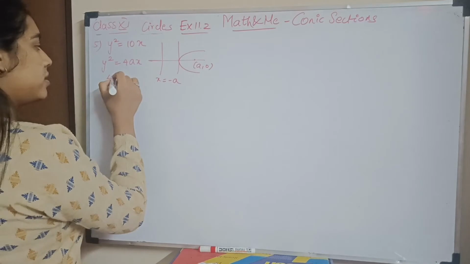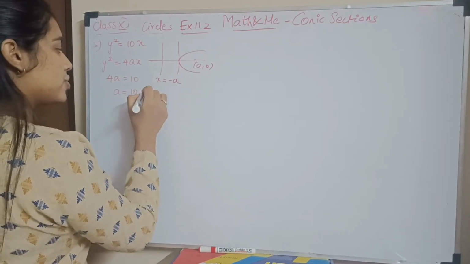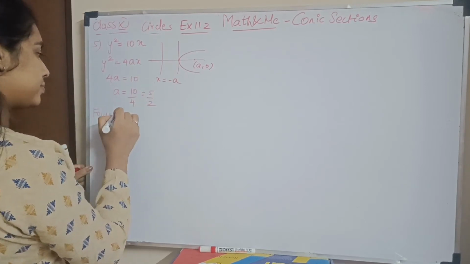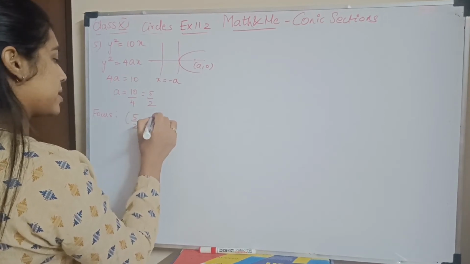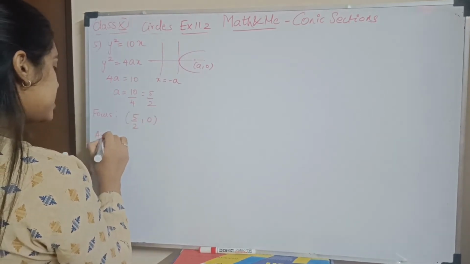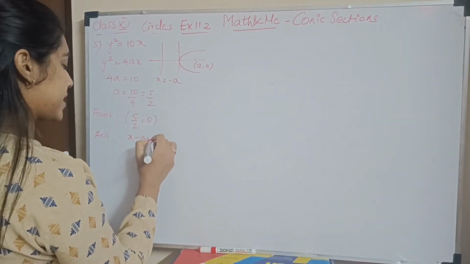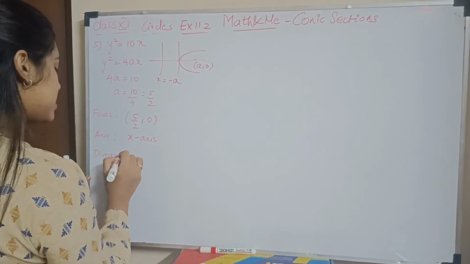So when you compare, 4a equals 10, a equals 10 by 4, which is 5 by 2. So what is your focus? It's a comma 0. So 5 by 2 comma 0. What is your axis? It's symmetric about the x-axis. So x-axis. What is your directrix? Equation to the directrix.